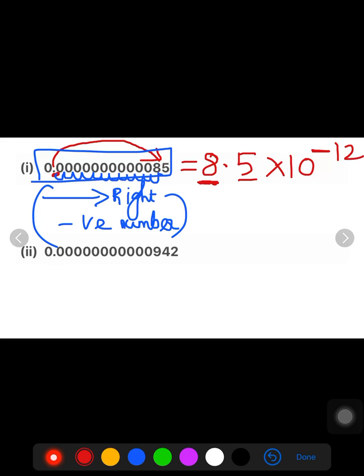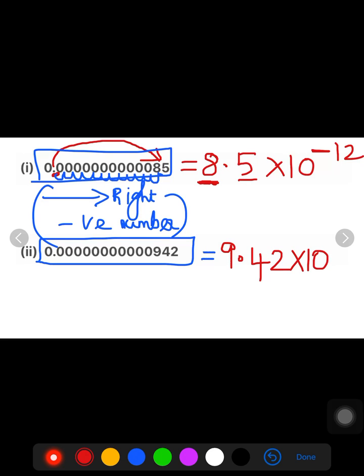Now the second problem, in the same way. See, it's 0.000, a very small number. So when you represent this small number in standard form, you'll be using negative exponents. The standard form, as I have already told you, should have only one digit in its ones place, so it will be 9.42 into 10 to the power of some number. That's what we are going to find out here. Now your decimal point is over here, and you're moving it to your right side.